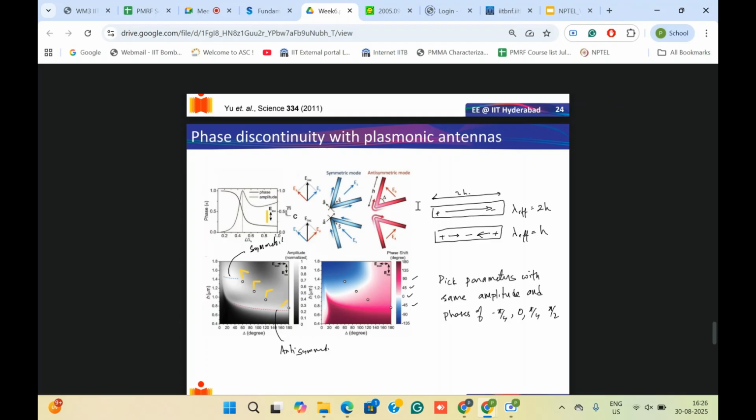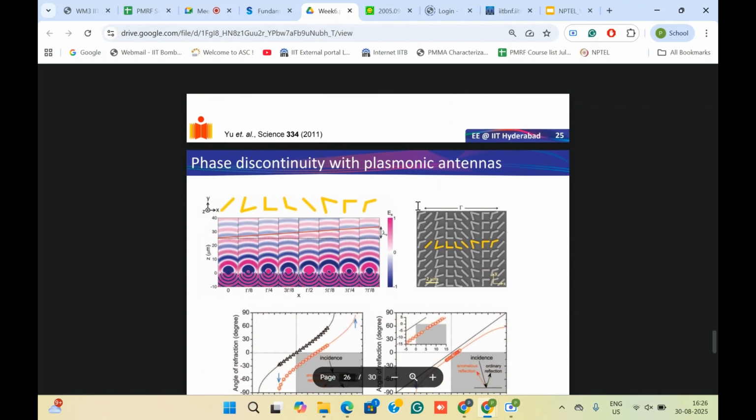So depending on how we are launching our light and which parameters we are using, which mode we are considering, either symmetric mode or anti-symmetric mode, the phase will change. And here it has been shown that the phase is changing as a function of h, the height of the rod, the plasmonic antenna.